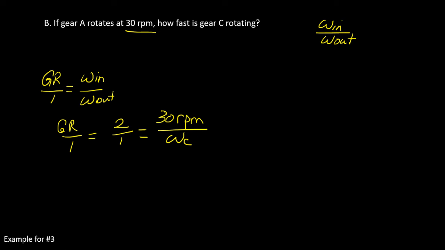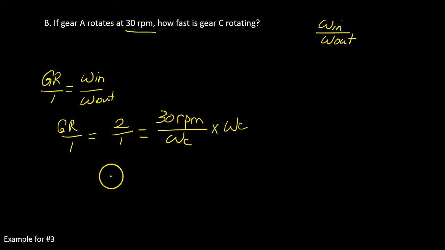Now to work through this problem, we have to really do some algebra here and get the angular velocity at C, excuse me, all by itself. So let's rewrite this. What would we do? Well, since we're dividing here, we're going to have to multiply by the angular velocity at C. So whatever we do over here, we got to do over here.